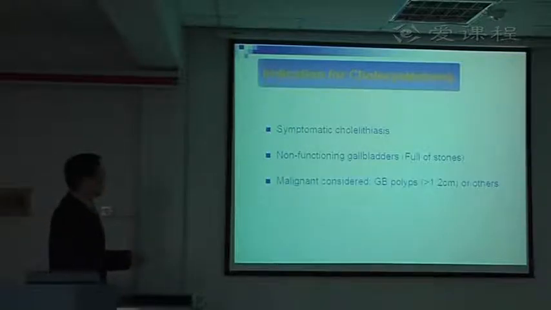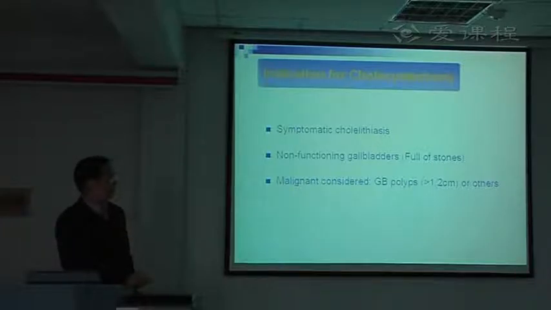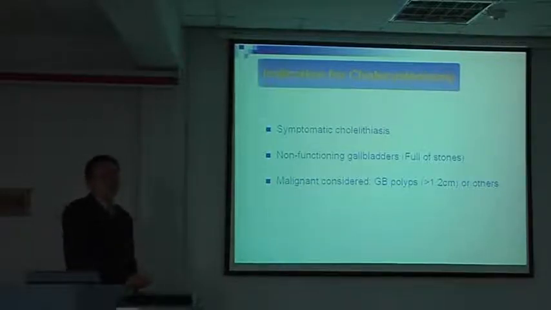And the third is malignancy consideration, or gallbladder polyps more than 1.1 or 1.2 centimeters, or others. Some specialists or doctors consider that if more than 0.8 centimeter, you must do cholecystectomy, because there may be a kind of malignant disease.